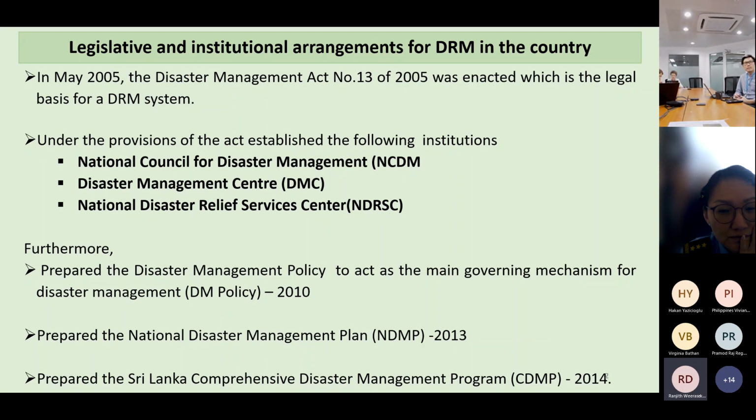Secondly, they established the Disaster Management Center, DMC, to implement the functions indicated in the Act and coordinate with the relevant stakeholders. And thirdly, they established the National Disaster Relief Service Center, NDRSC, which provides all relief and compensation for the affected people and implements post-disaster recovery and rehabilitation programs.